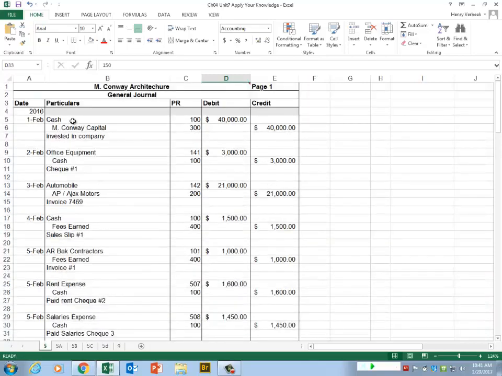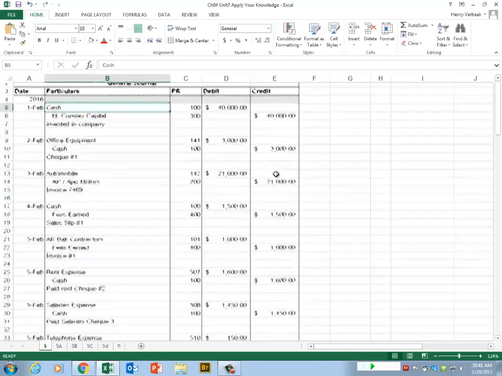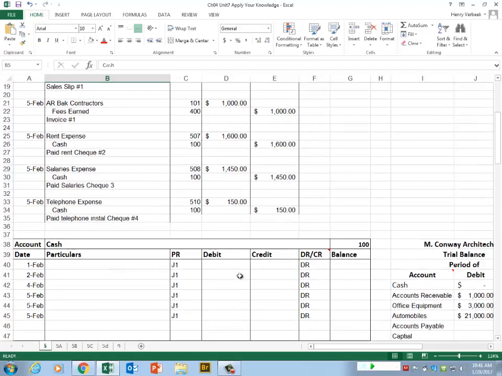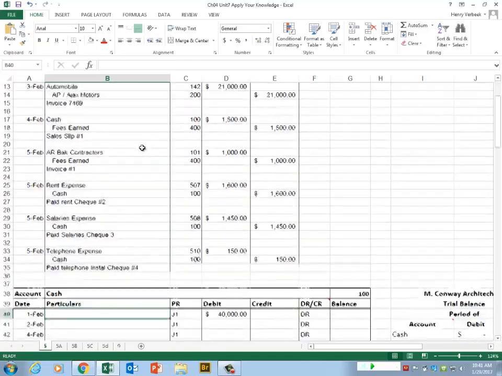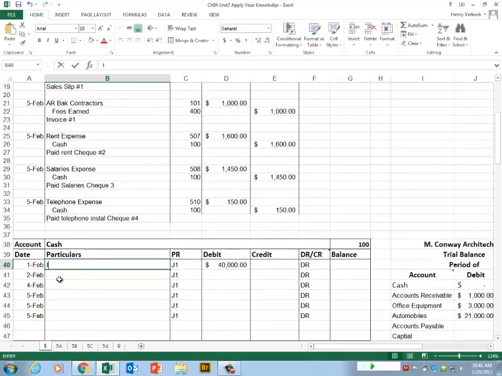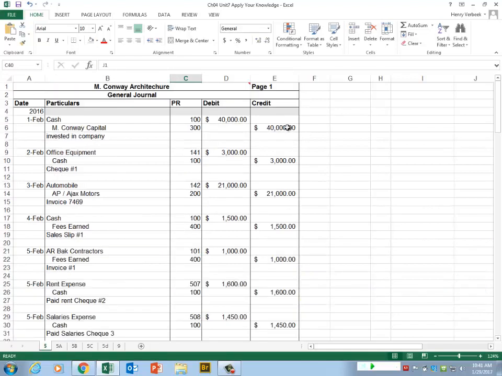You always start with a debit first. So cash is going to go 40,000. And our particular is invested in the company. And this J1 comes from the page 1 of the journal.